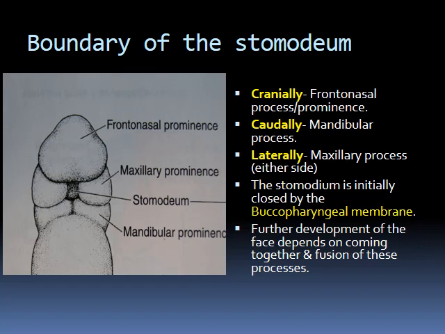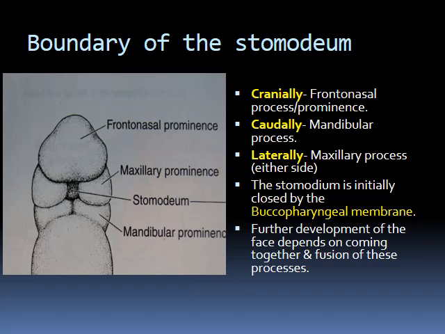That means together they form the first pharyngeal arch. So in this picture we are looking at the two divisions of the first pharyngeal arch. That means these two prominences will be forming the lateral as well as the lower boundary of the stomodium.